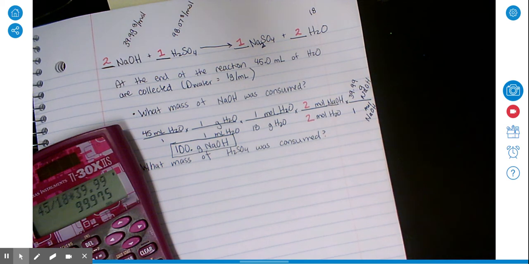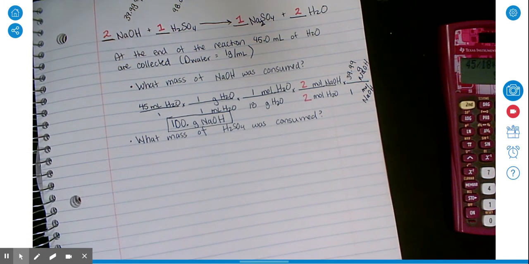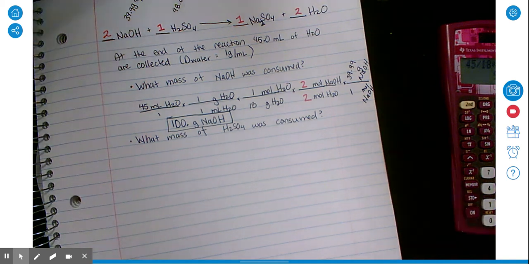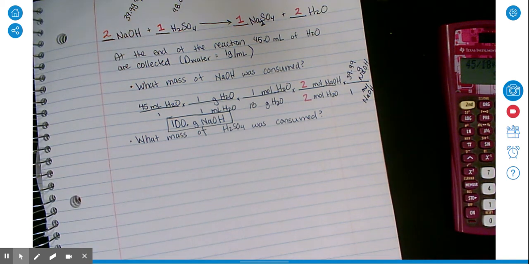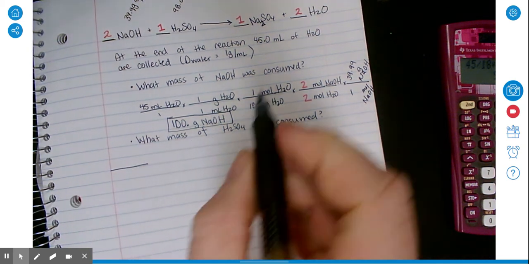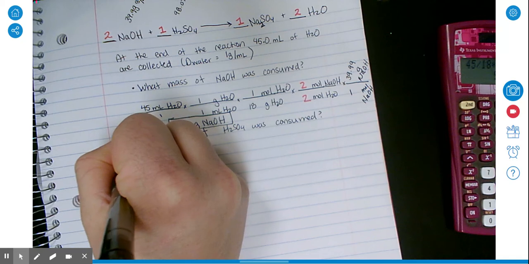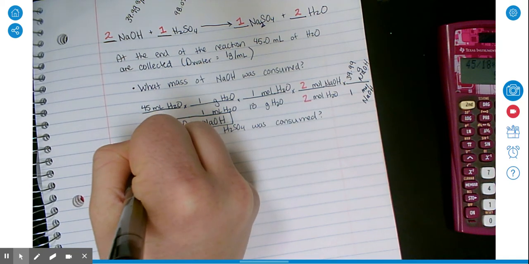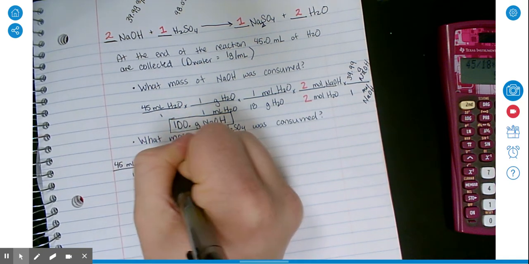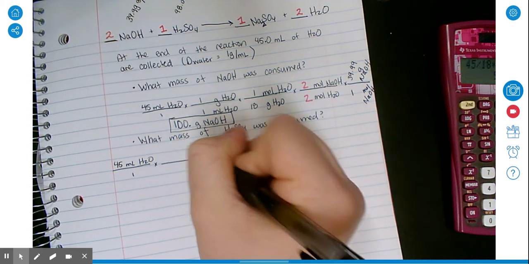If these problems get messy, and they might, box in your work. Okay, last thing we're going to work through. What mass of H2SO4 was consumed? I'm going to start all the way over here now. Well, I started my reaction with 45 milliliters of water. Use my density conversion to go between milliliters and grams.